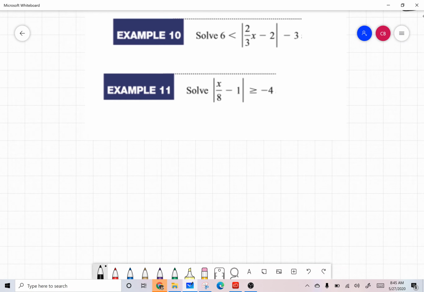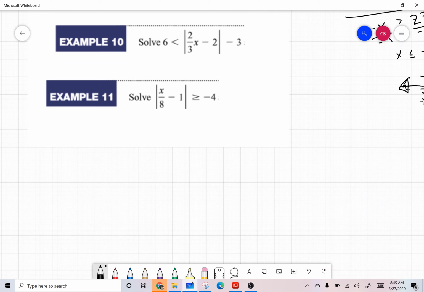Let's do a less than so you can see how that operates. First things first, we still have to isolate the absolute value. So we have 6 is less than the absolute value of 2 over 3x minus 2, minus 3. So I add 3.